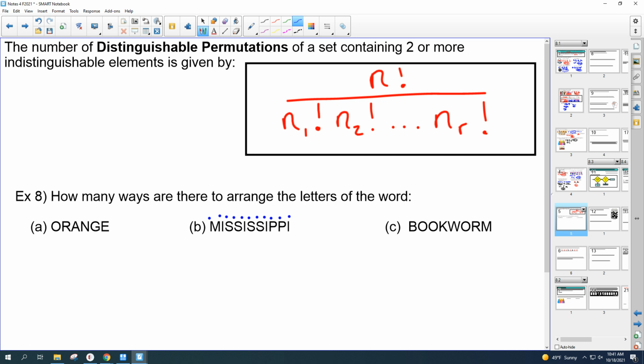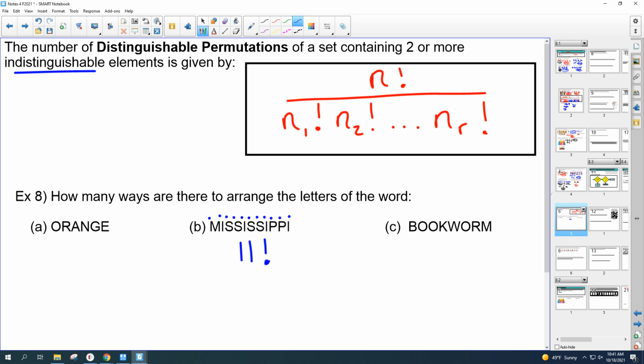And if they were all different letters, all we would do is just shuffle them: 11 ways to choose the first letter, 10 ways to choose the second letter, then 9, then 8, and so on. That's 11 factorial, okay? But because some of the letters are identical or indistinguishable, you could switch around a couple of those S's and I'd never know the difference, okay?